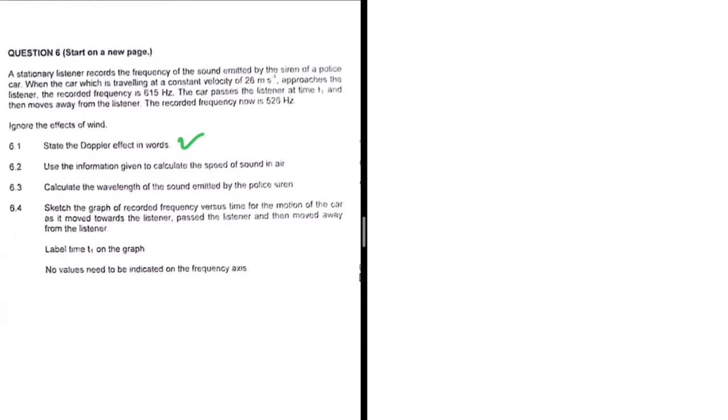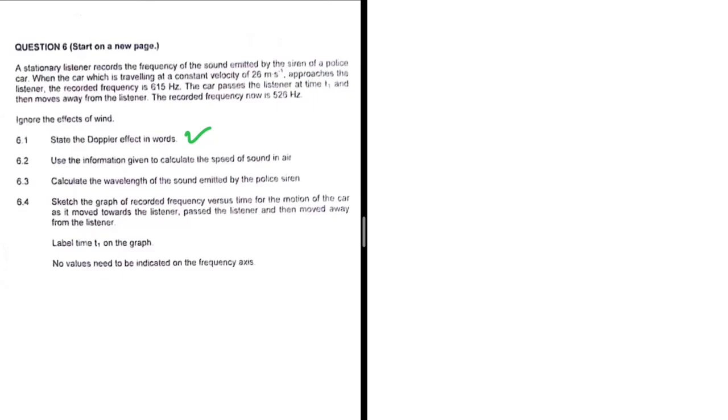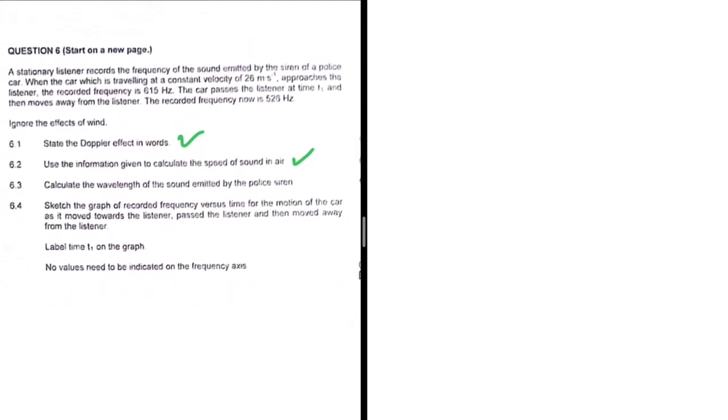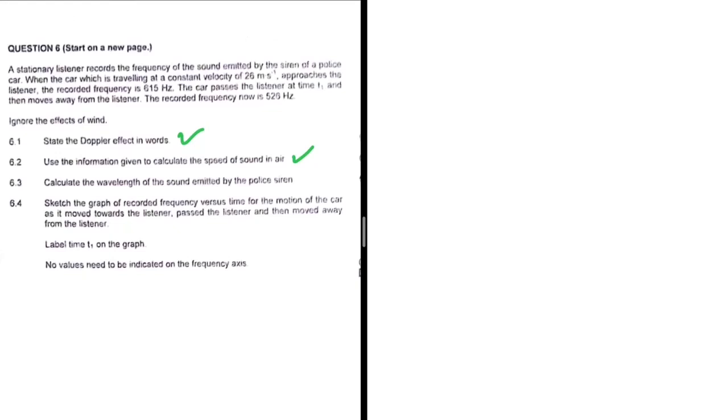State the Doppler effect in words. Of course, we're going to skip that. Let's do 6.2. Use the information given to calculate the speed of sound in air. Mark allocation, 5 marks. Let's take a look. A stationary listener records the frequency of the sound emitted by the siren of a police car. The car is traveling at a constant velocity, so we have the velocity of the source right away.